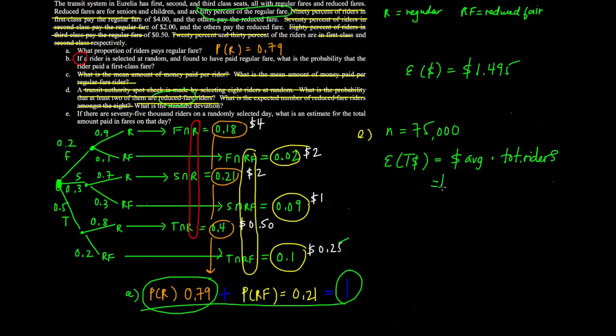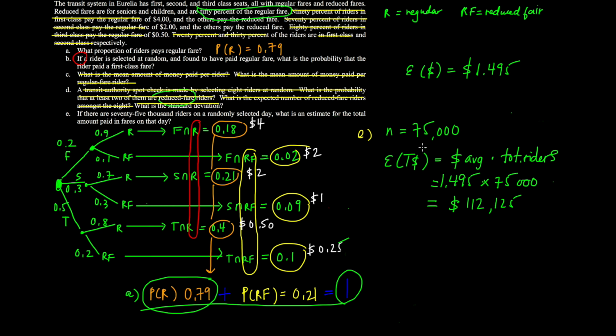So if on average riders pay $1.495 and there's a total of 75,000 riders, then that's going to equal a total of $112,125, right?